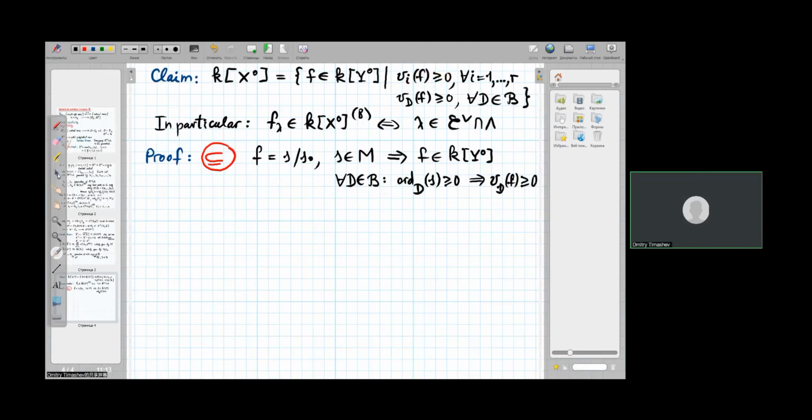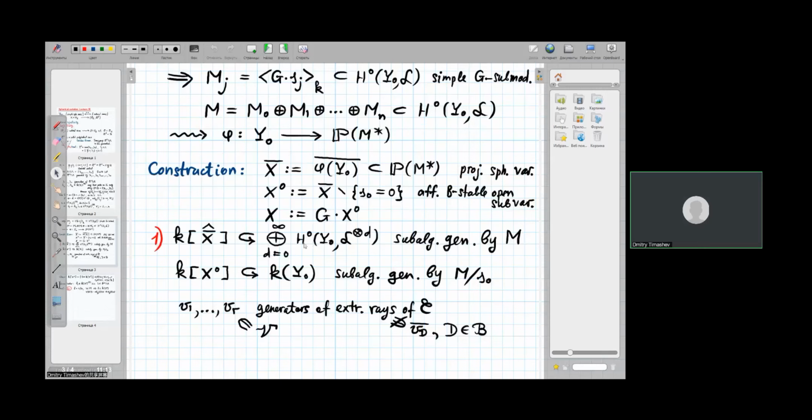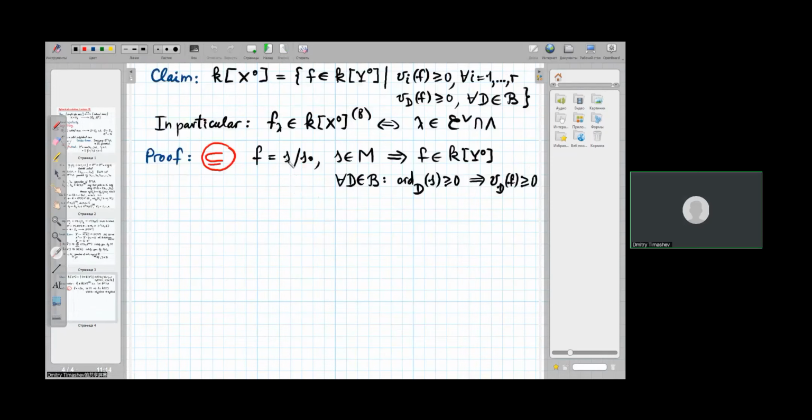First observe that if we extend any G-invariant valuation to the bigger field, to the fraction field of this algebra of sections, or even to the fraction field of this coordinate algebra, to the field of rational functions over the affine cone over x hat, over x bar, then we may speak about the values of G-invariant valuations at sections of the line bundle L, here and here.